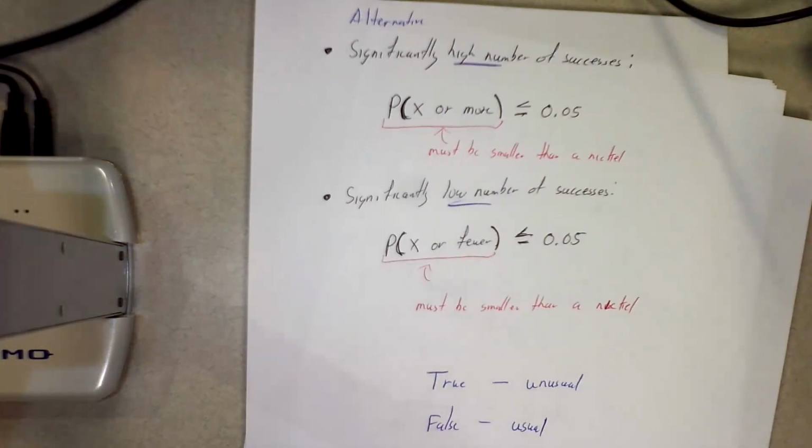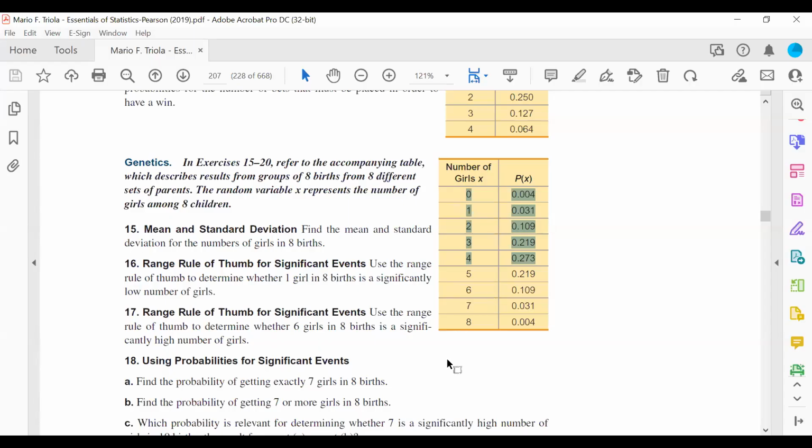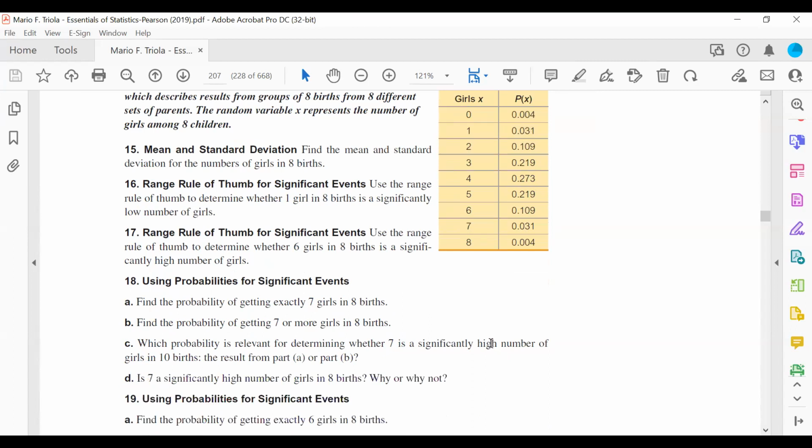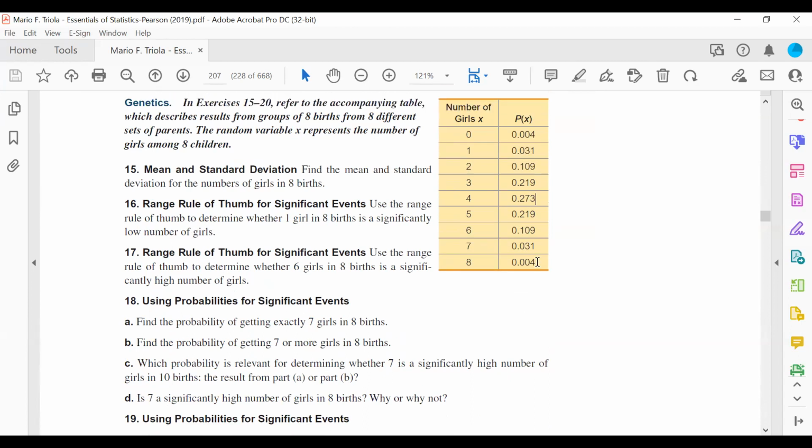Okay, so we're going to do number 18. I know 18 is not part of your homework, but I'm going to apply the shortcut to it. Number 18, using the table with the girls, A says, find the probability of getting exactly 7 girls.